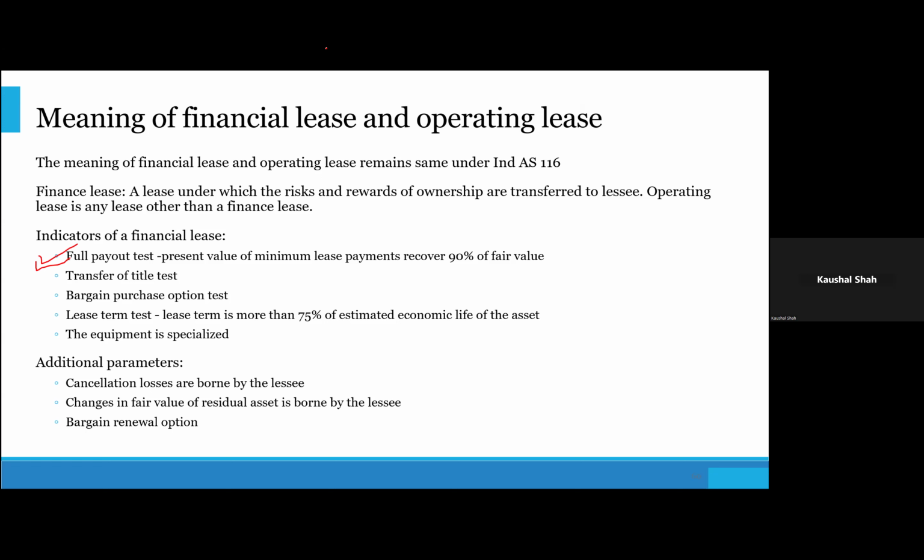If the lessor's dependence on residual value for recovering his investment in the transaction is less than 10%, in a sense, if the lessor is recovering by way of prefixed or unconditional so-called minimum lease payments, an accounting term, but in practice we could say unconditional or non-contingent lease rentals, including any guaranteed residual value, and this recovers 90% or more of the lessor's investment in the contract in present value terms, so the present value of MLPs, MLP standing for minimum lease payments, is 90% or more, which means the lessor's dependence on residual value is 10% or less, then the lease is a financial lease.